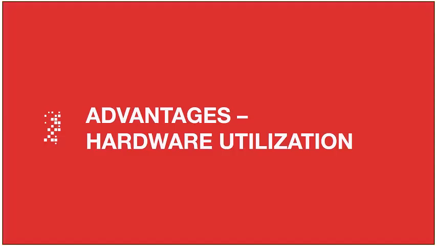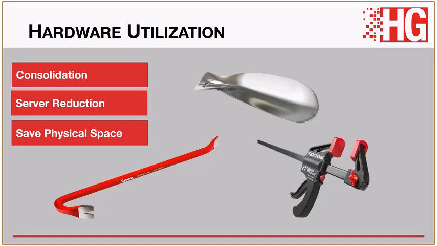Now, when you get into the advantages of virtualization, one of the biggest areas that works for us is hardware utilization. When you use virtual machines and you can optimize the use of each application within its virtual machine, you can actually put more apps on one physical server, which means consolidation. So you're able to potentially shoehorn, crowbar, or vice grip more applications within an individual server.